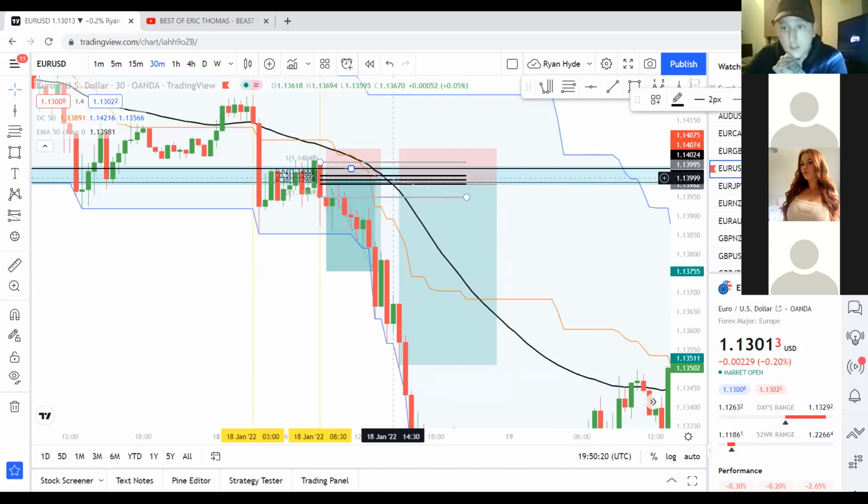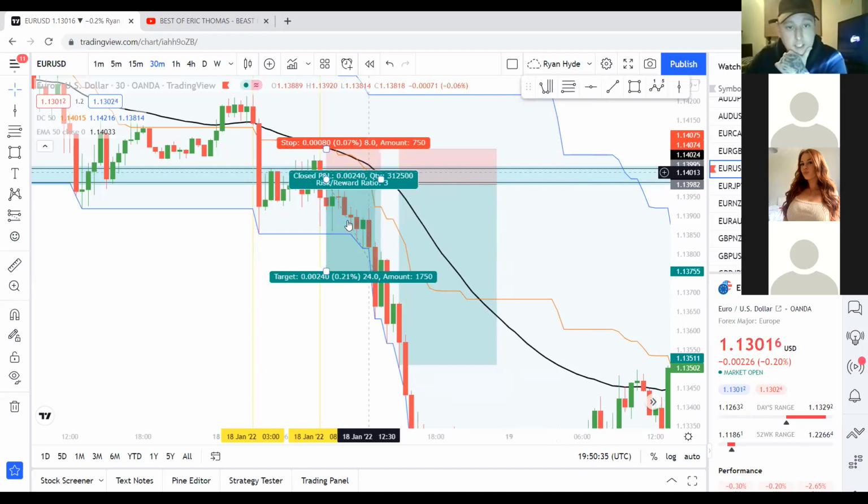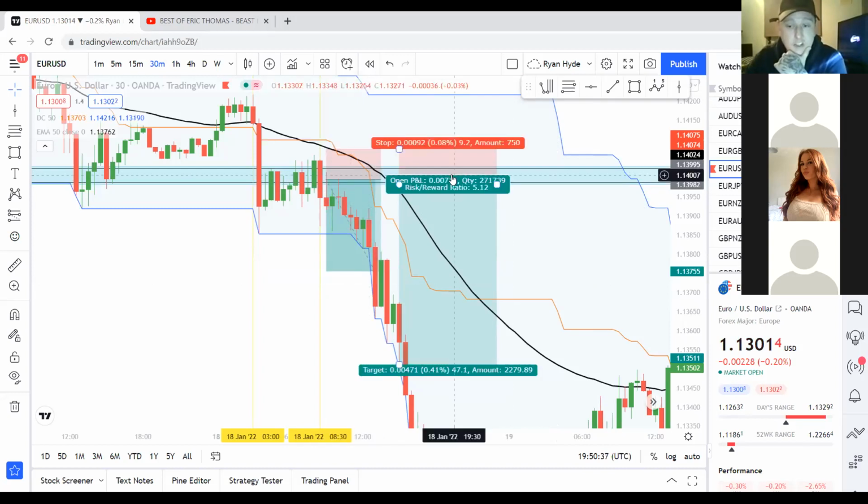Let me just delete this Fibonacci tool. We don't need that anymore. Right, and then what we would do is, so this 1 to 3 is clear, but we've still got our second trade running.